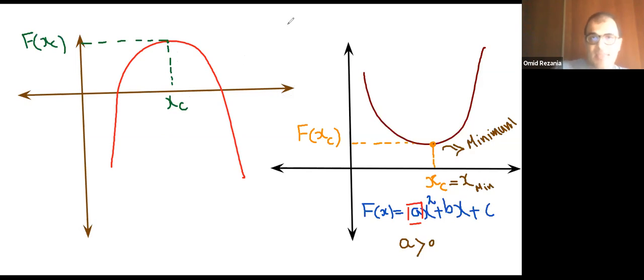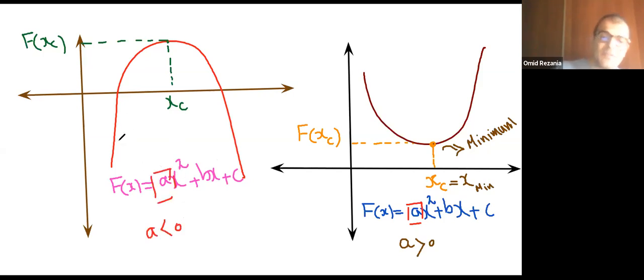When you look at the general format of the equation, f of x is ax squared plus bx plus c, if the leading coefficient is negative, the plot is opening downwards.